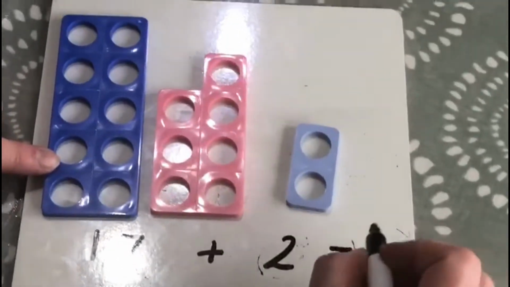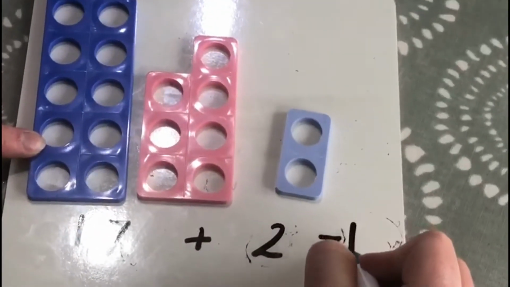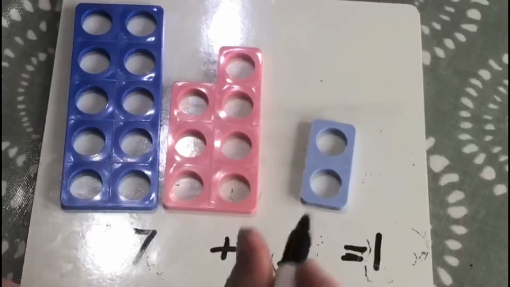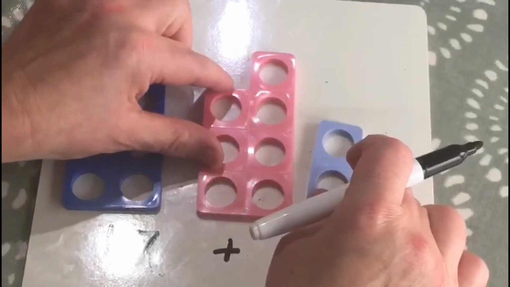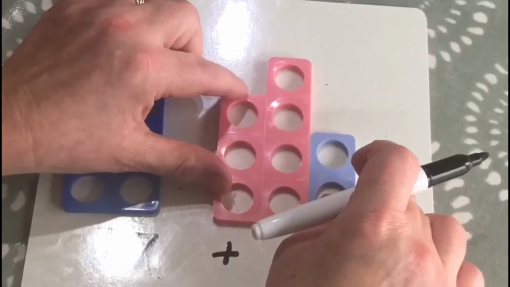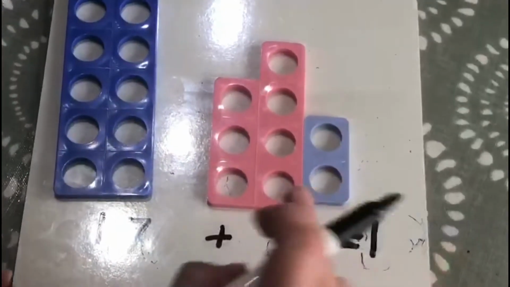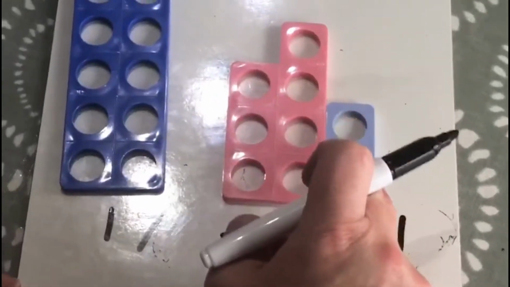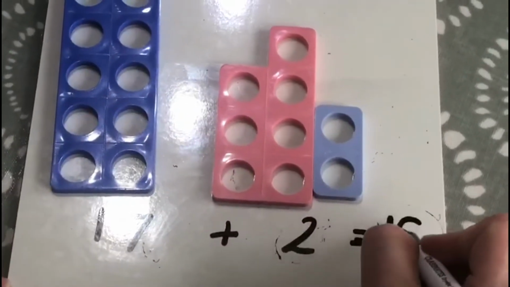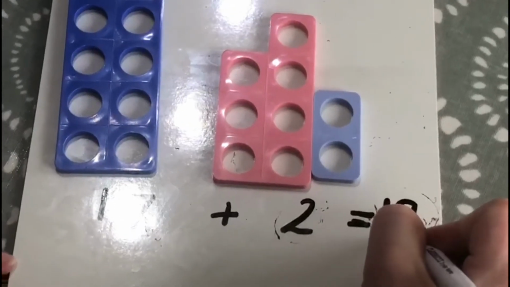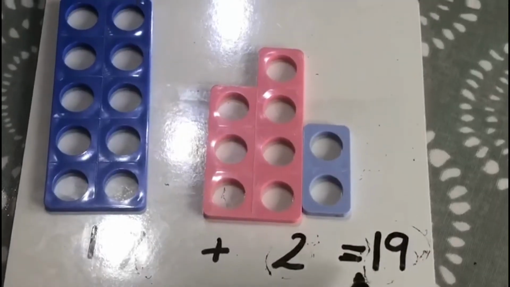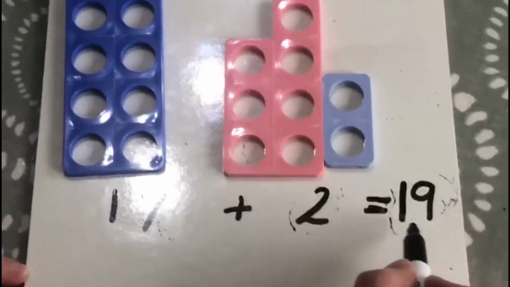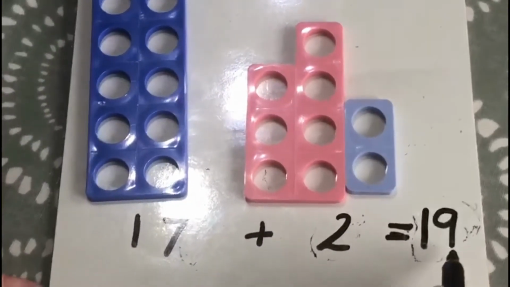So straight away I'm going to write down that I've got 1 ten, and that's the digit that comes first in a two-digit number, and then I'm going to add the number of ones. I've got 7 add 2. So if you remember how to count on, it's 7, 8, 9. So I write down the second digit is 9 ones, and I've made the number 19, 1 ten and 9 ones.